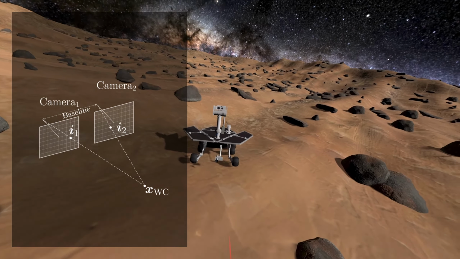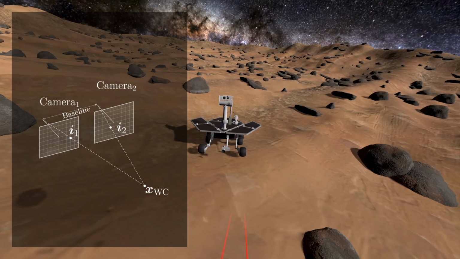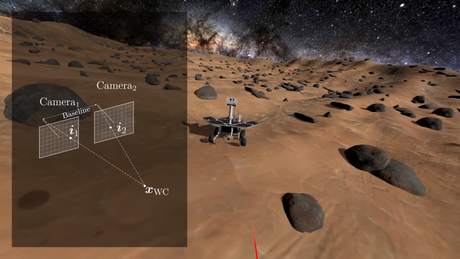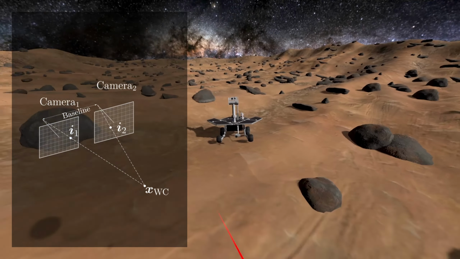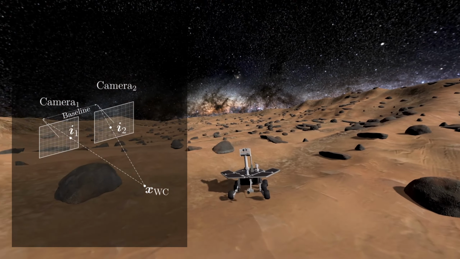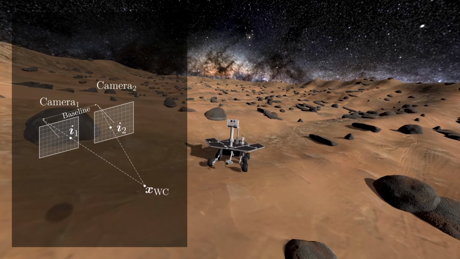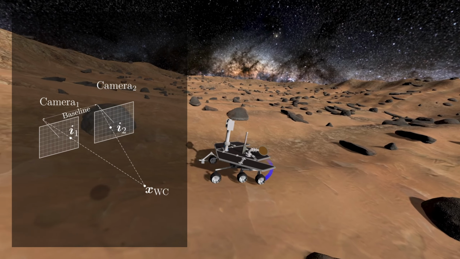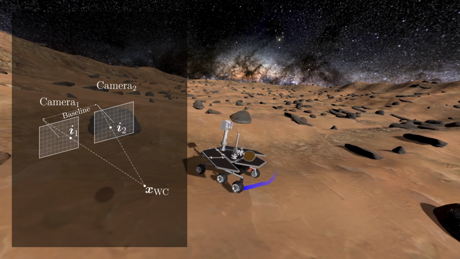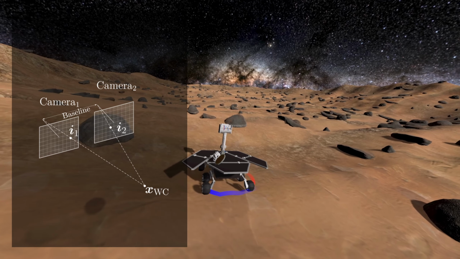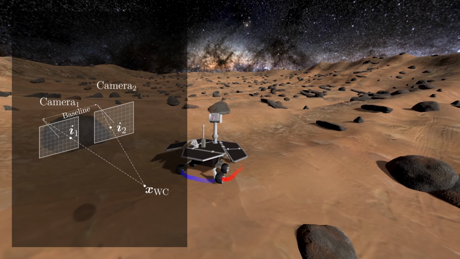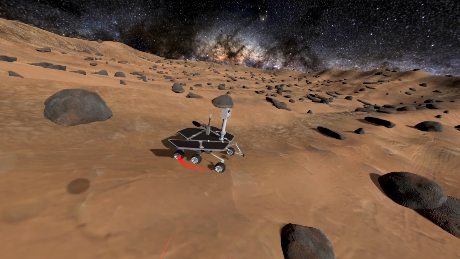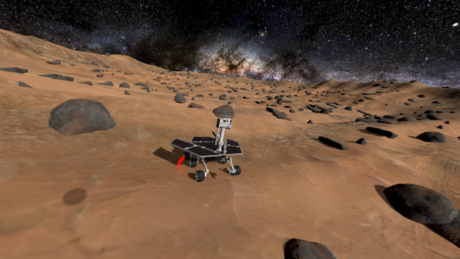If the feature point is far away compared to how far the cameras are separated, this case converges towards the monocular case, and it becomes basically impossible to determine the depth of the feature point, because the changes from the left to right camera image become basically negligible, so subpixel. So yeah, we cannot estimate the depth from this anymore.